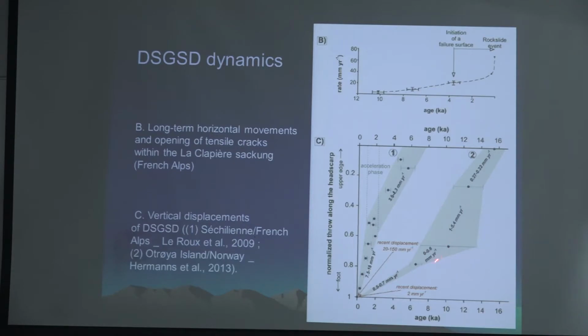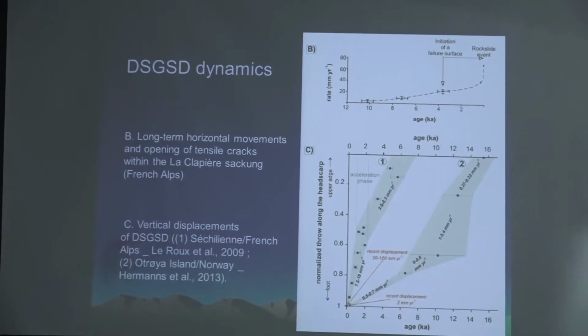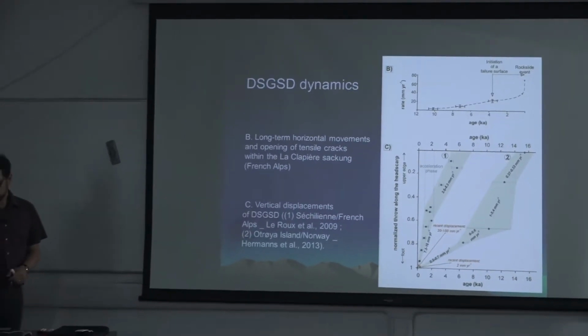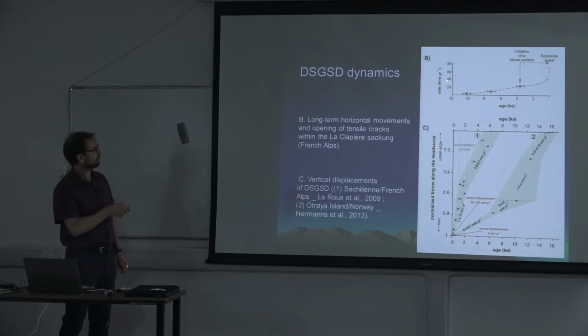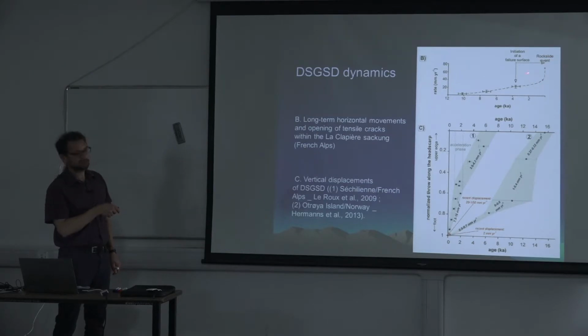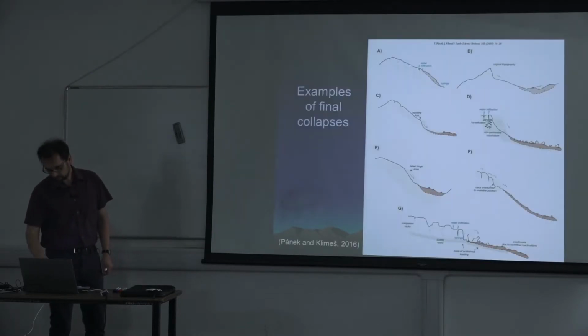Some others, like this one in Norway, show some long-term history over more than 16,000 years, with rapid motion and, for the last 10,000 years, slower motion. So it's some rock slide that can evolve relatively slowly. And in some cases, after this slow motion history, there can be some acceleration and some global collapse.